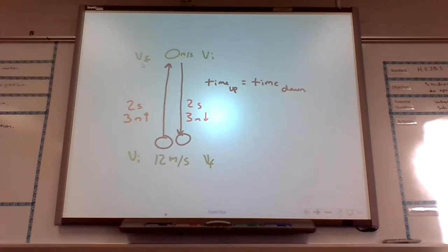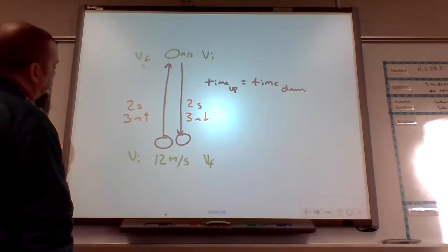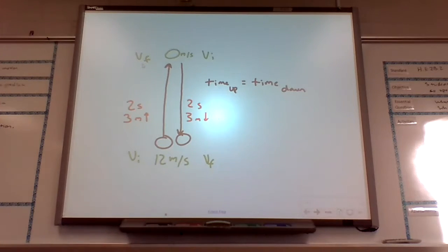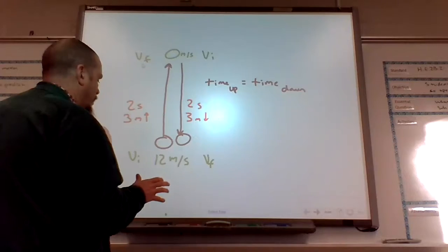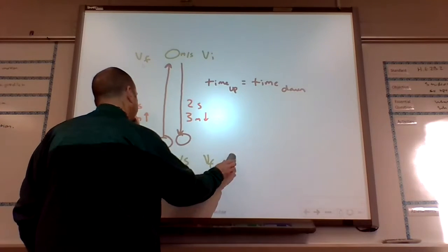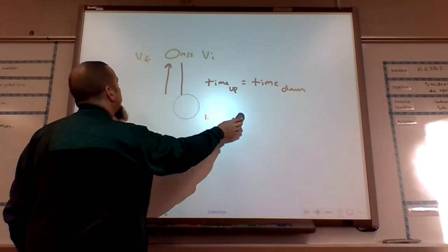Acceleration being negative 9.8 meters per second squared, or you have to play around with the signs on the displacements and the accelerations to make it all work out. But again, this is another thing that comes up quite often with kinematics, dealing with vertical motion as well as horizontal motion.